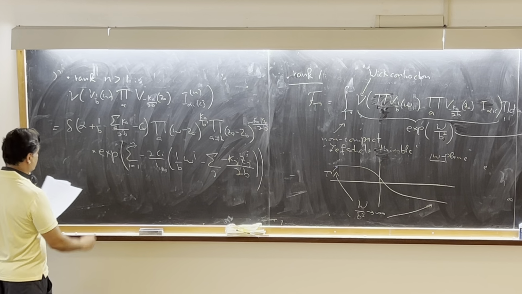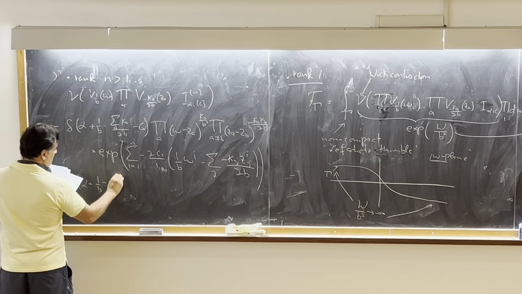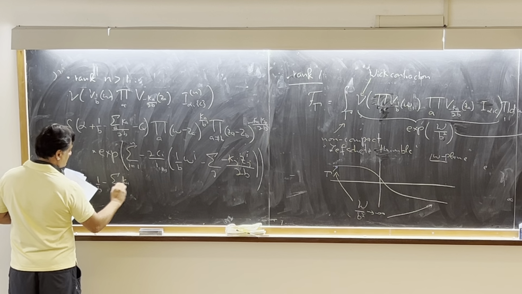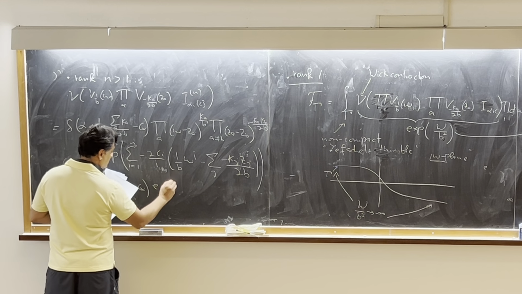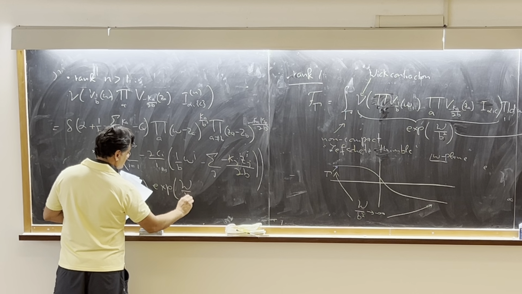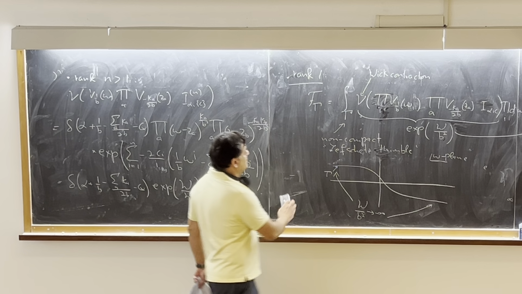And we're going to rewrite this as q times exponential of w over b squared, where now this w here.